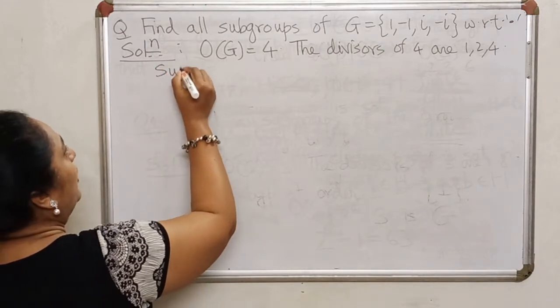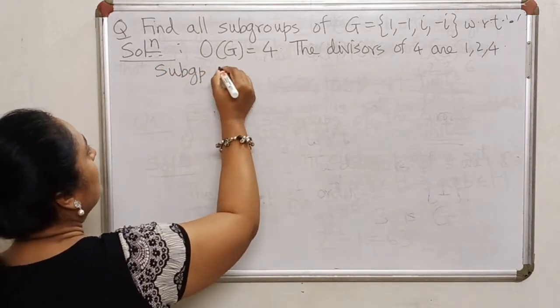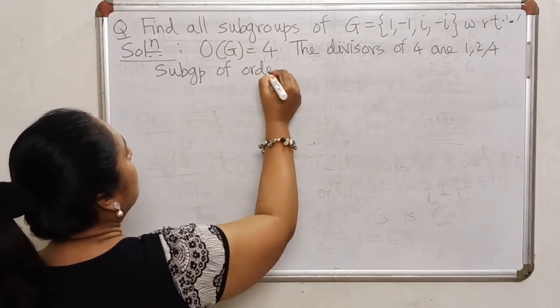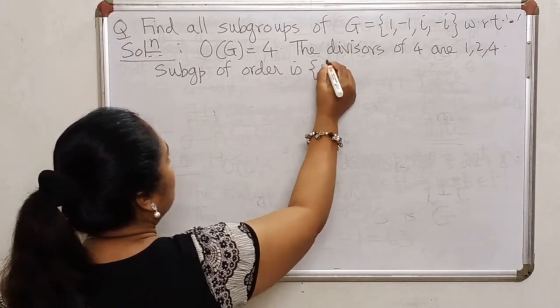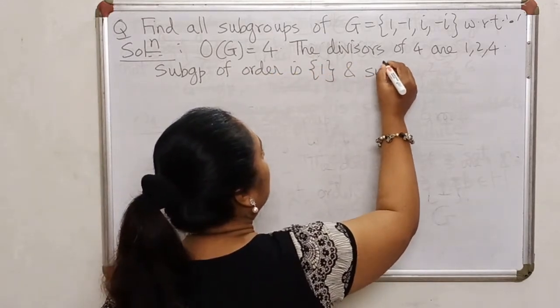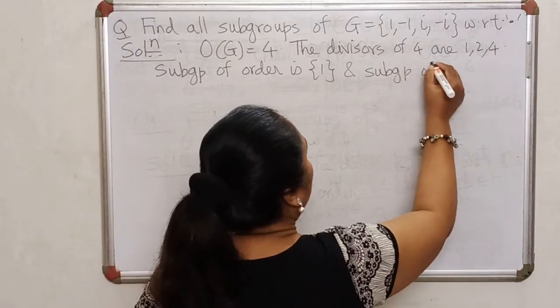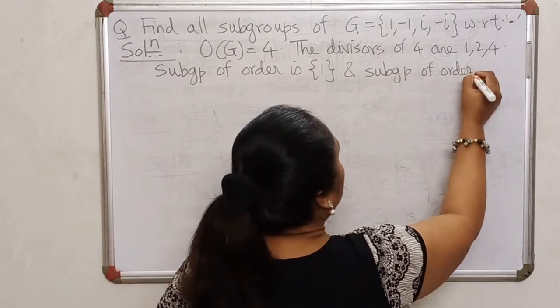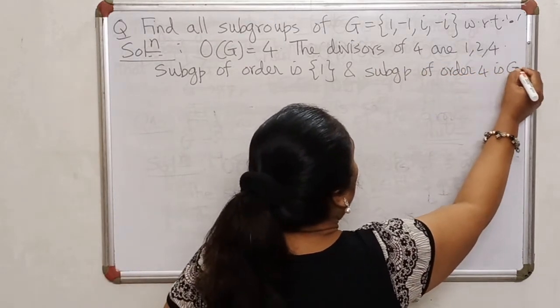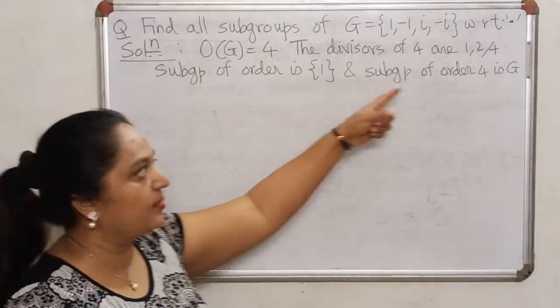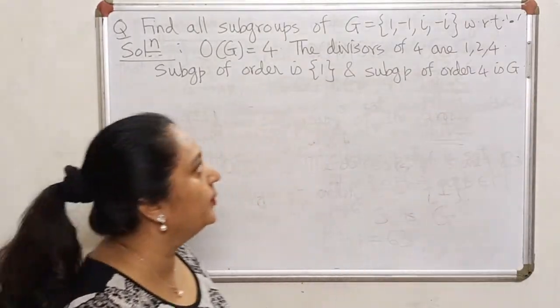So the subgroup of order 1 is the set containing the identity, that is {1}, and the subgroup of order 4 is the whole group. This is the trivial subgroup, this is the improper subgroup.